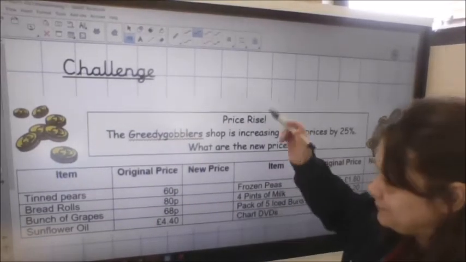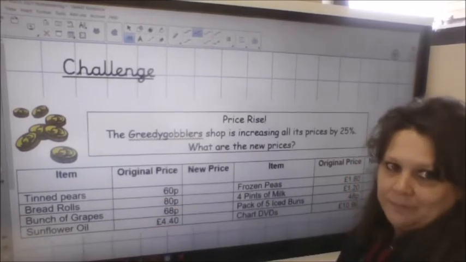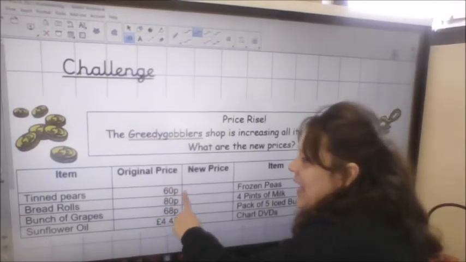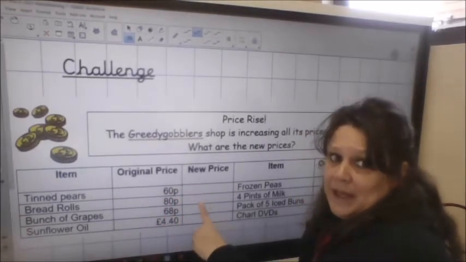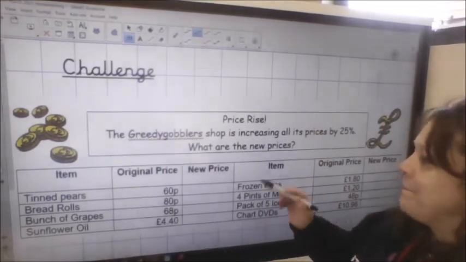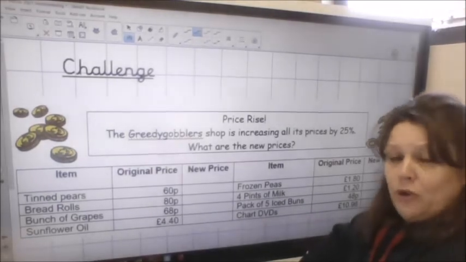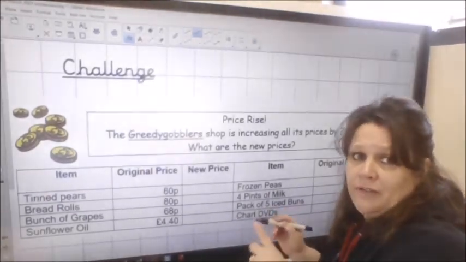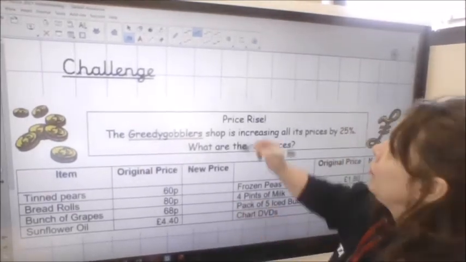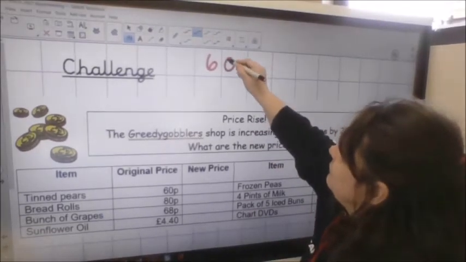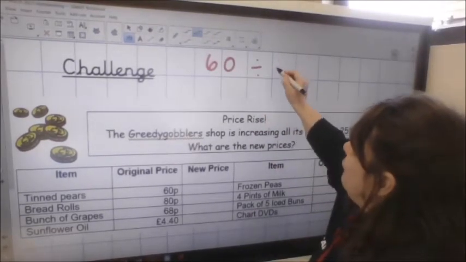Okay, so tinned pears. They started off at 60p, okay, but they're going to increase by 25%. So first of all, we've got to work out what is 25% of 60. So 60 divided by 4.